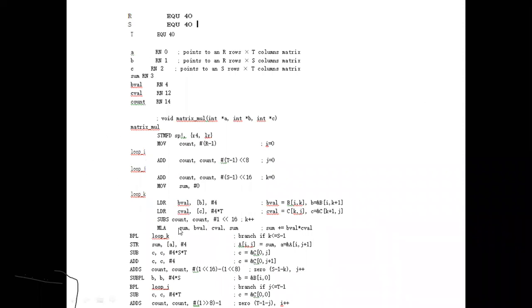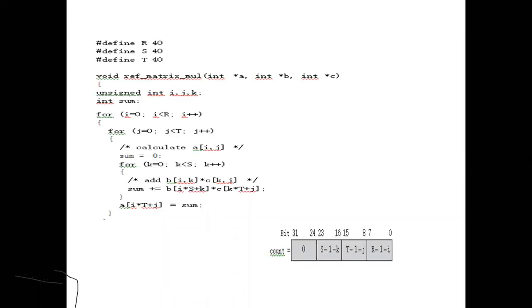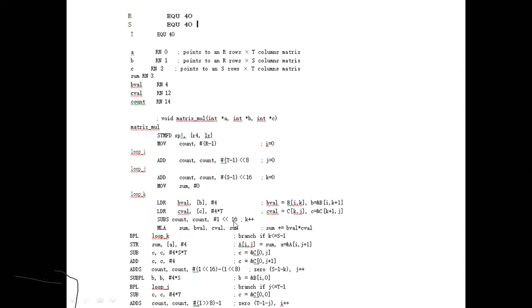Look at this one, count, which is left shifted by 16. When you left shift by 16, you get k, right? That is what we are doing. Similarly, we have count, which is left shifted by 16 bits.